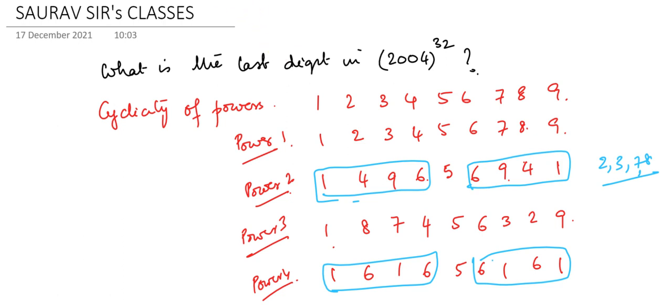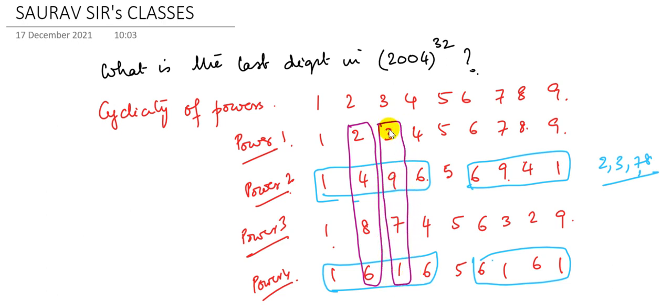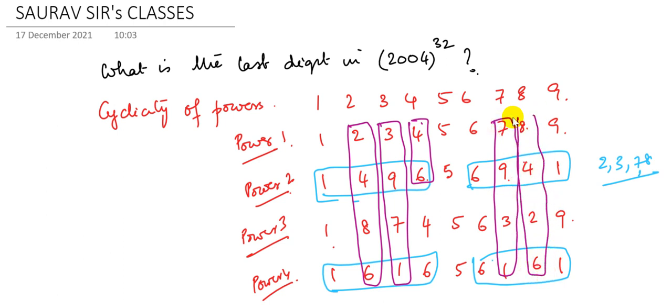Now if you notice the individual powers, 1 always remains 1, 5 remains 5, 6 remains 6. 2 will have a pattern like this, 2486. 3 will have a pattern of 3971. 4 will have a pattern of 46, and 7 will have a pattern of 7931. 8 has a pattern of 8426, and 9 has a pattern of 9 and 1.